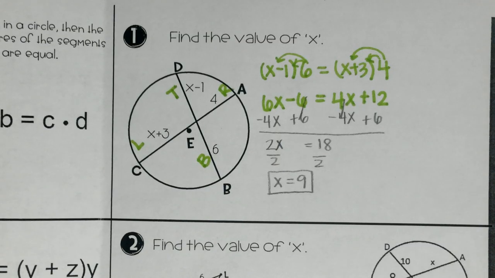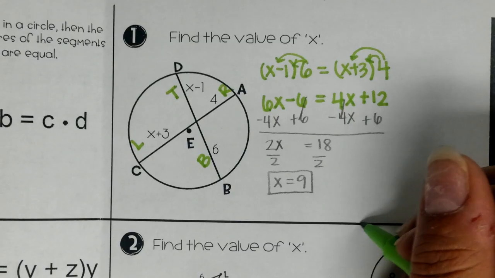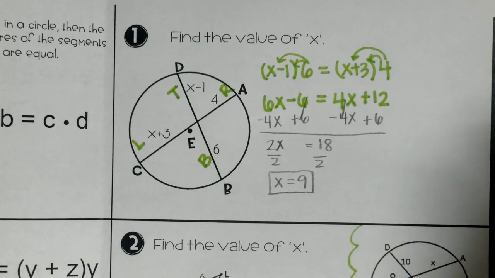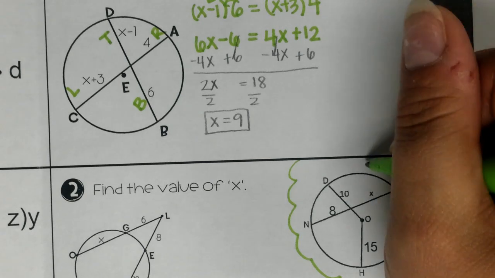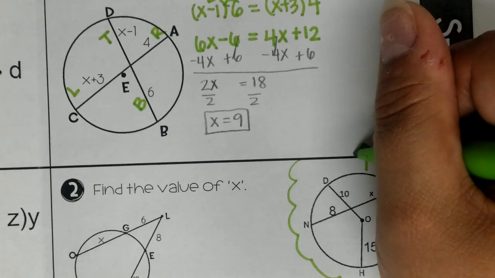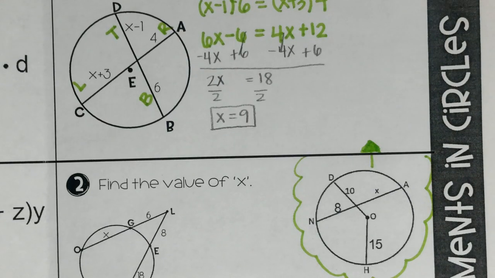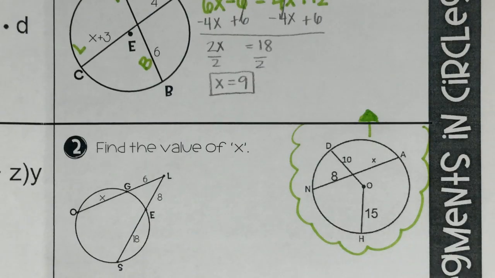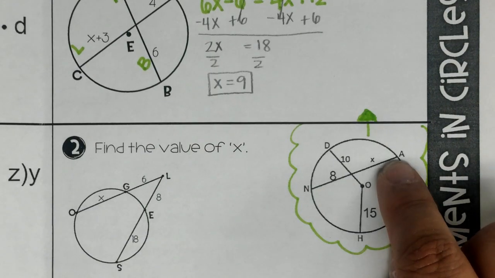Okay, for some reason, this picture right here was supposed to be up there, so I'm going to draw an arrow up. Now, do you see two chords in this picture down here? I see one chord.